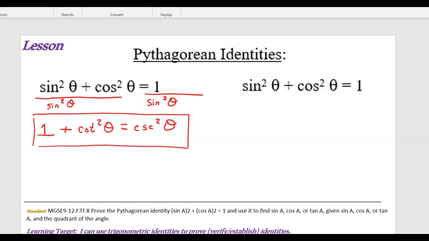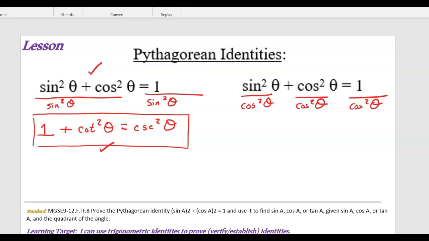Okay, so you have variation 1, variation 2, and then variation 3 is where, instead of dividing by sine squared theta, you divide by cosine squared theta. And once again, if you're wondering why we have to do all these variations, you'll see in a minute. As we start doing all of these verifications, you'll see all of these different versions pop up in the problem.